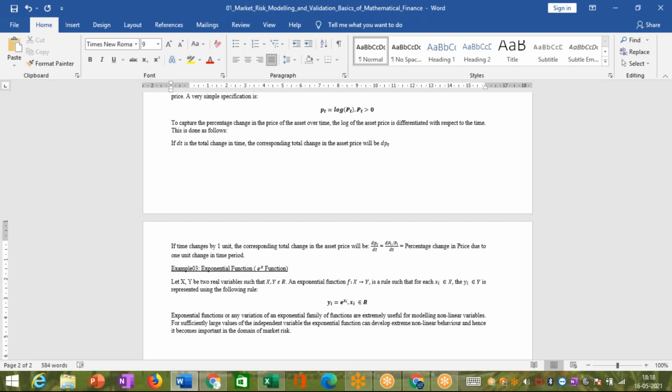Now, while I talk about this exponential function, we need to talk about its relationship with the logarithmic function.